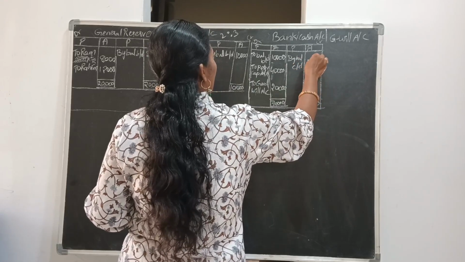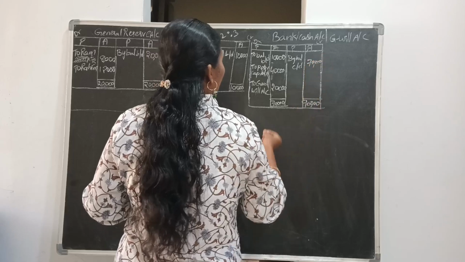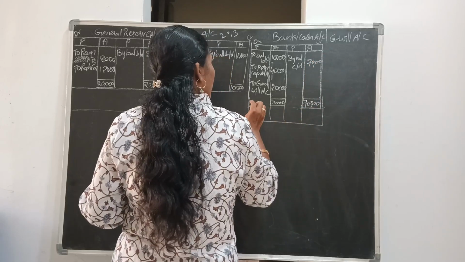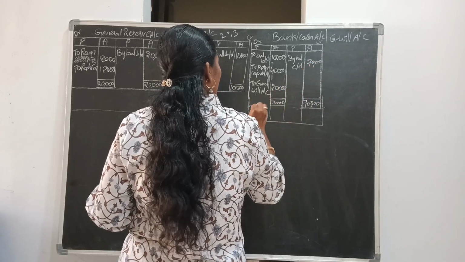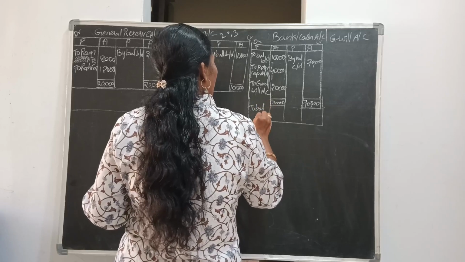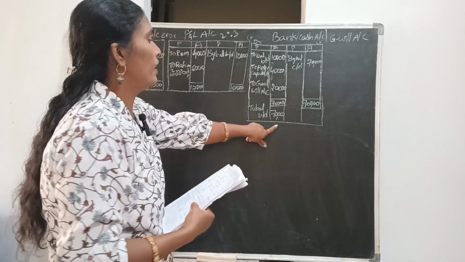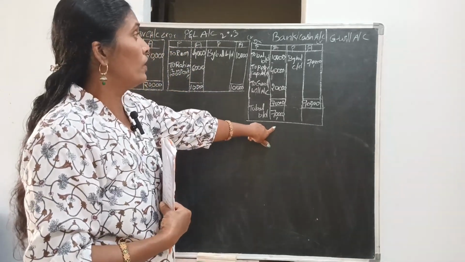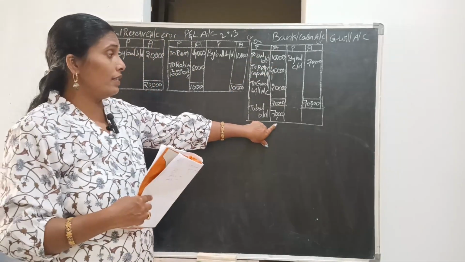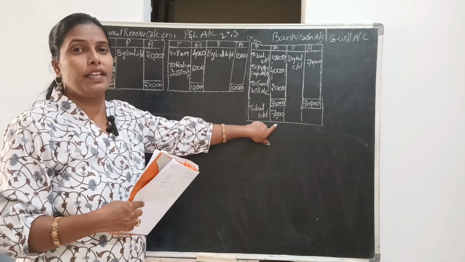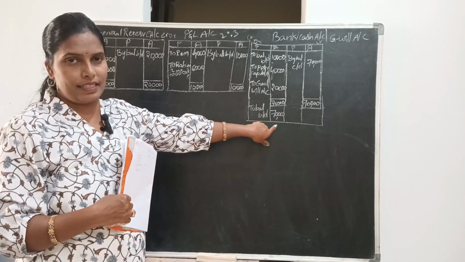This is the adjusted cash. Write down to balance brought down, which we need to show in the new balance sheet.